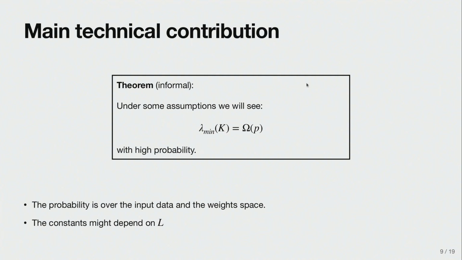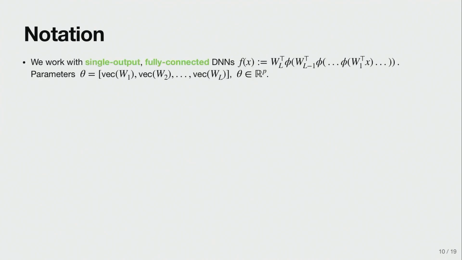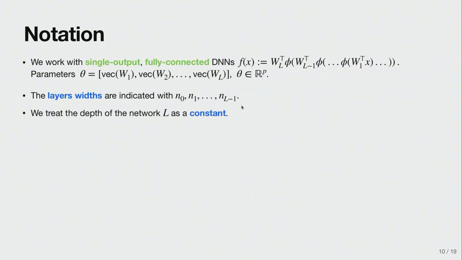So when I write these asymptotic scalings, I'm not taking into account large L. Okay, so let's dig into the math with a little bit of notation. I'm working with single output, fully connected networks, and the layer widths are going to be indicated with these small n's, with the indices that represent my layer. And again, the depth of the network L is considered as a constant.